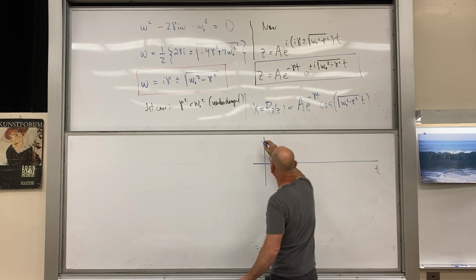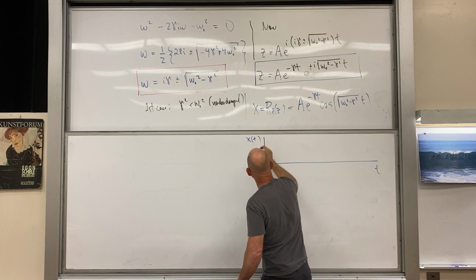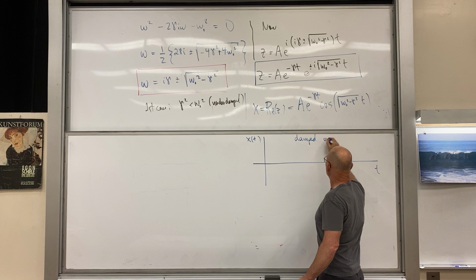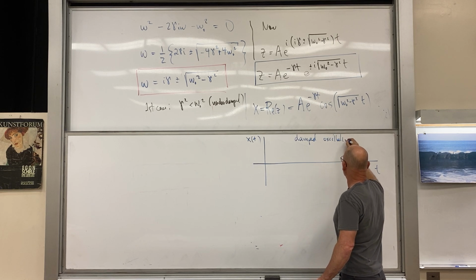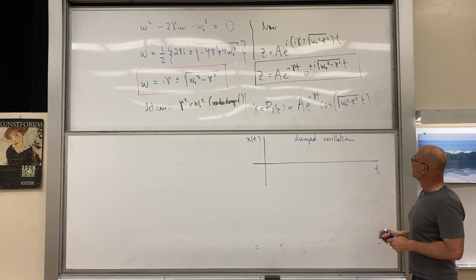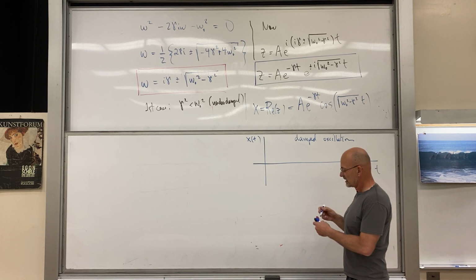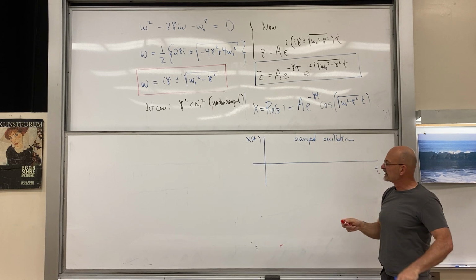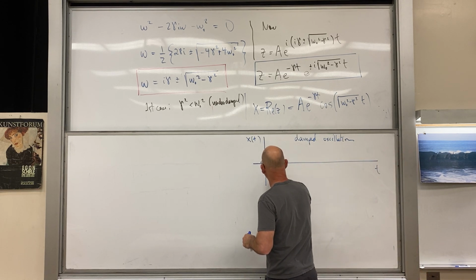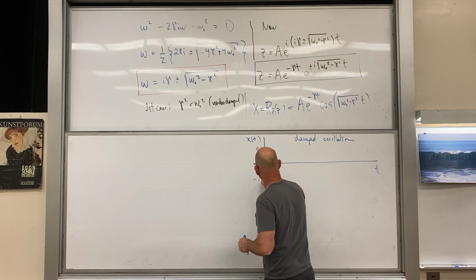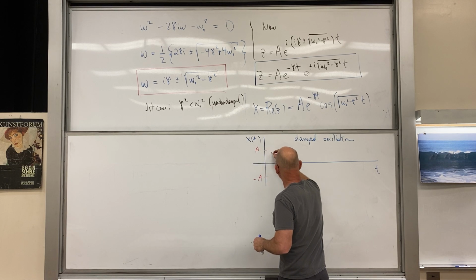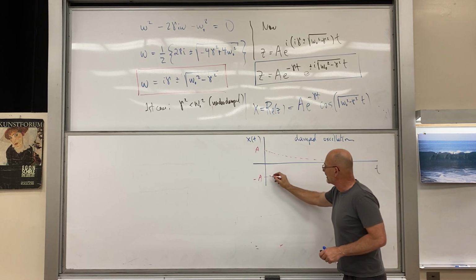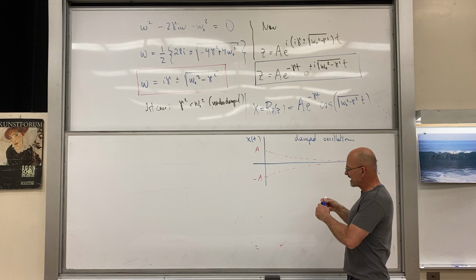We've got t, we've got x of t, damped oscillations. We'll go ahead and title this damped oscillations. And we can draw an envelope first. Now this is e to the minus gamma t. Here's minus a. We're looking at something that decreases more or less rapidly. We can draw the envelope like that.